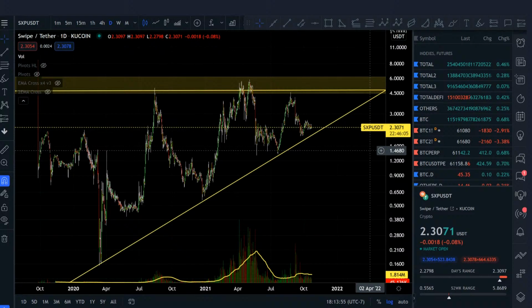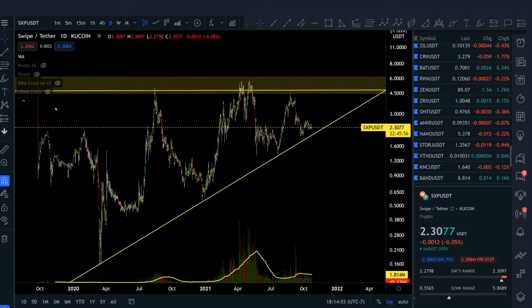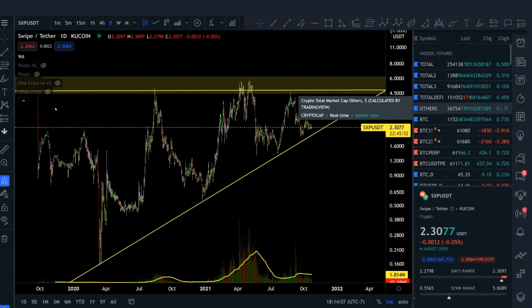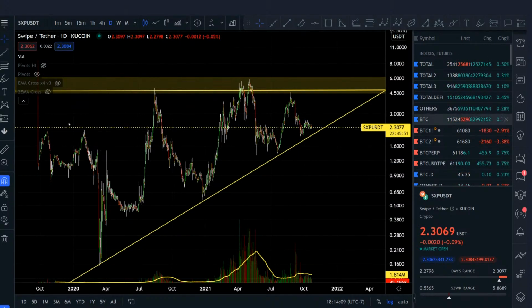If you're on an international exchange, Americans are not trading those other 400 or 500 coins on those exchanges. That's why my list is a very USA-based list. I'm only looking at 50, 60 altcoins. So Swipe is not on my list because I can't trade it as an American. Just letting you know that there is a difference in liquidity and how much money and market cap there are in certain coins.